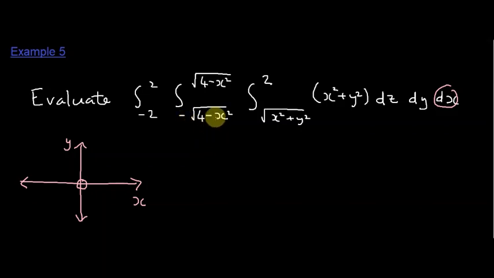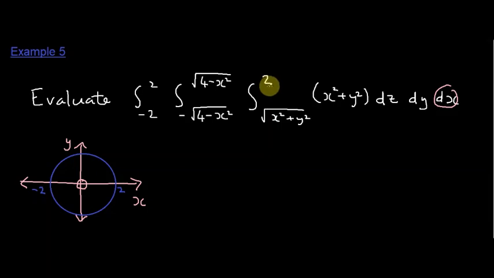Y goes from this function, which is a semicircle, or part of a circle, this part being the bottom half of the circle, and this one the top half. So we are clearly looking at a circle of radius 2. So x goes from -2 to 2. Y goes from the bottom half of the circle to the top half.